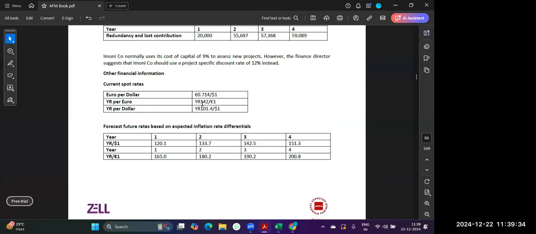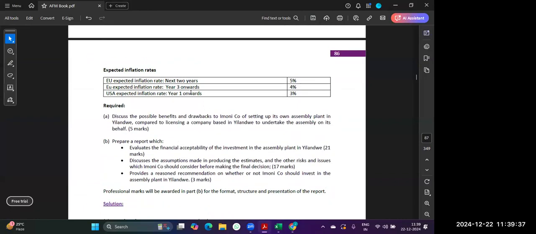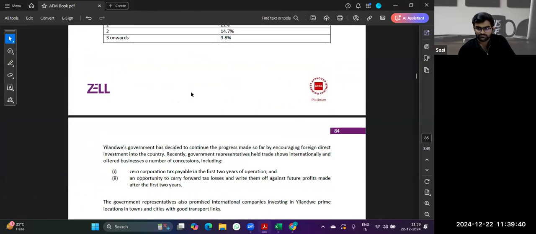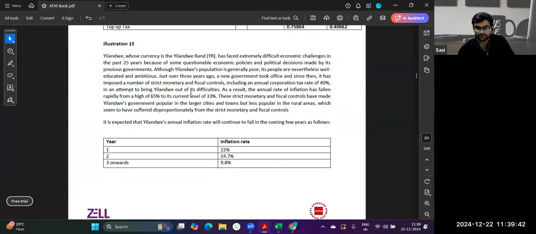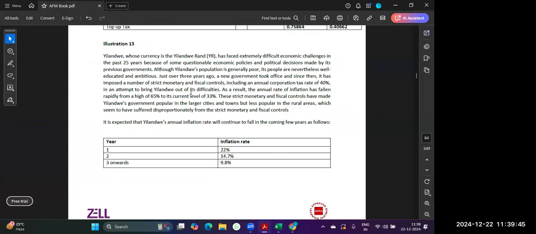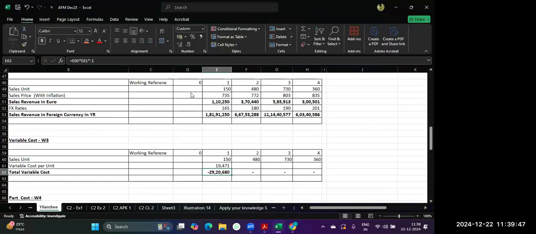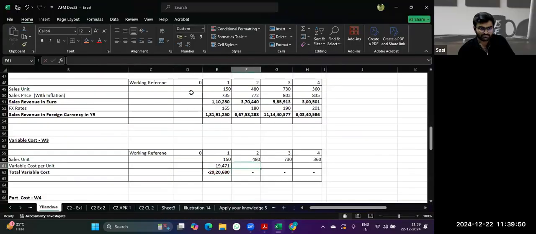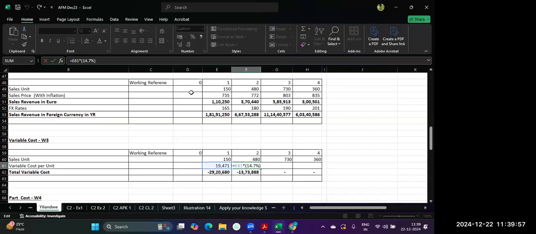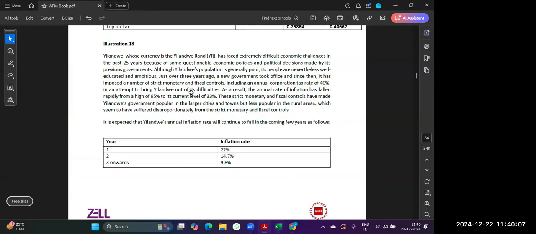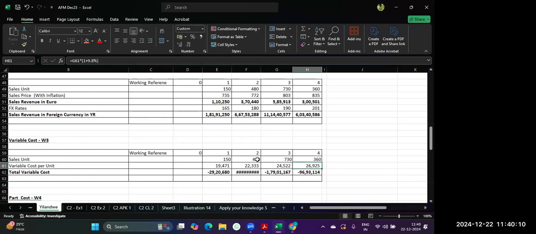On the first page, where is it mentioned? Okay, the first year it is 22. The second year is 14.7. The third year is 9.8. The fourth year, 9.8, same.